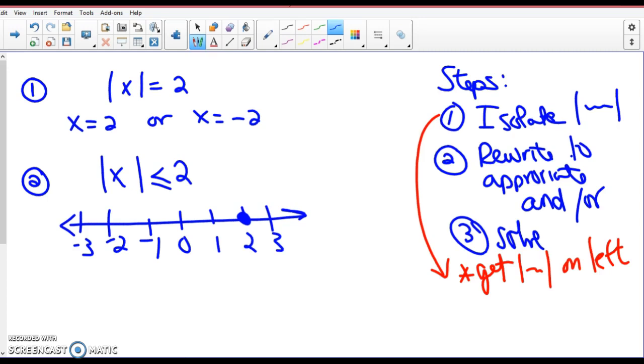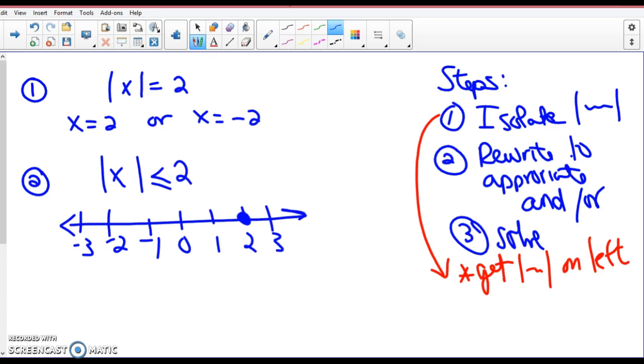Now, let's go one way or the other. I'm going to work this way. If I put 1 in, the absolute value of 1 is 1. Is 1 less than 2? Yes. If I put 0 in, the absolute value of 0 is 0, that is less than 2. The absolute value of negative 1 is 1. Is that less than 2? Yes. The absolute value of negative 2 is 2. Is that less than or equal to 2? Yes.